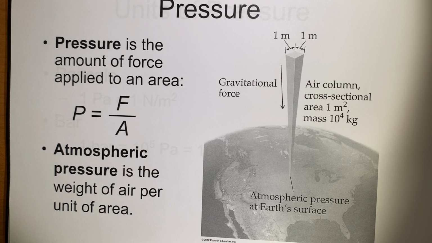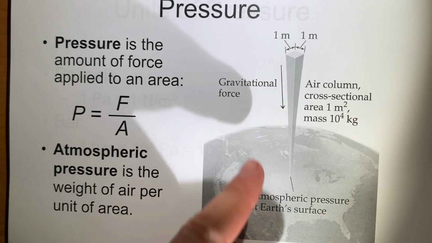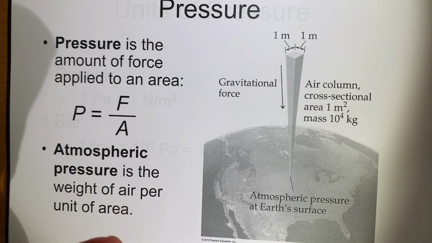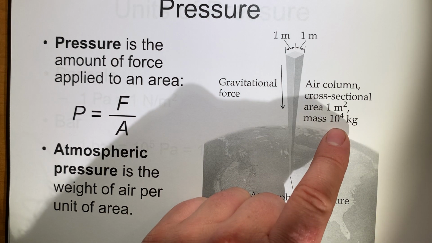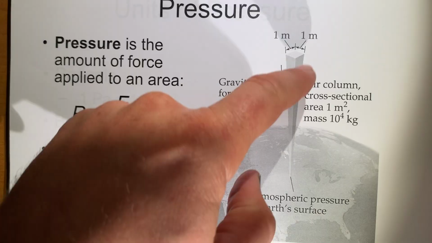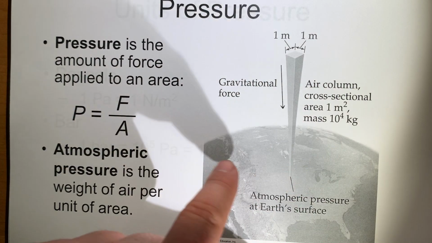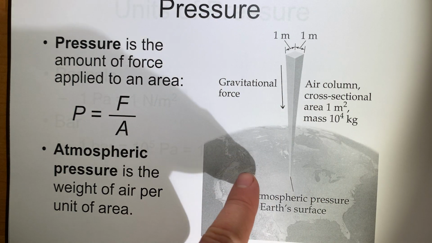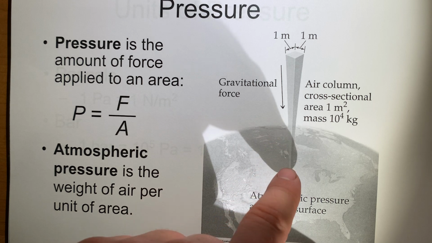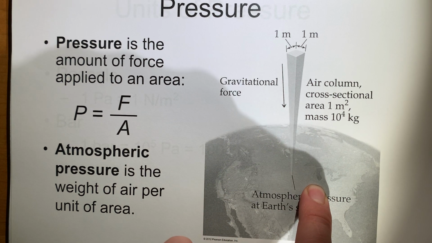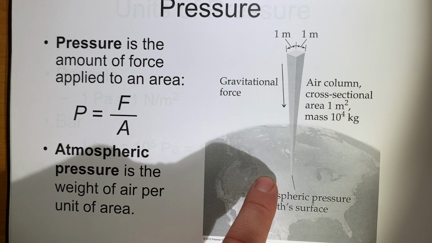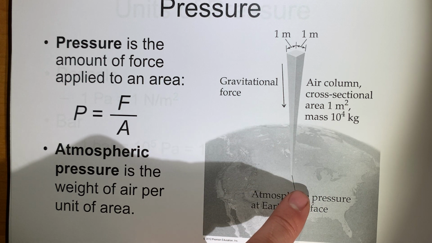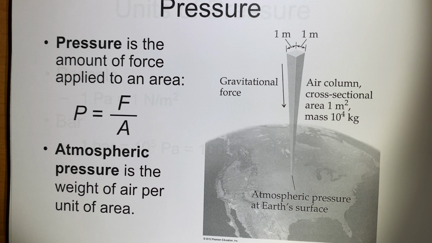So if you look here, if we take a 1 meter by 1 meter column of air, it's going to have a mass of about 10 to the fourth kilograms. And again, depending on where you are located on planet Earth, if you compare from where we live right here to Denver, Colorado, somewhere around here, we talked about differences in their altitudes above sea level.